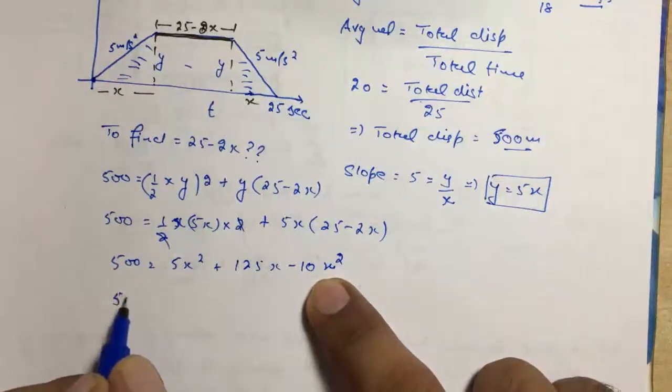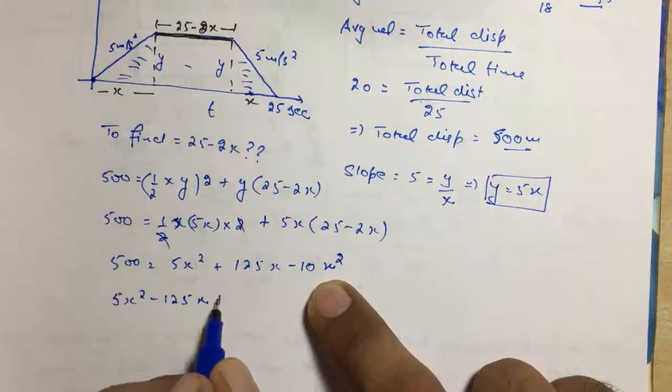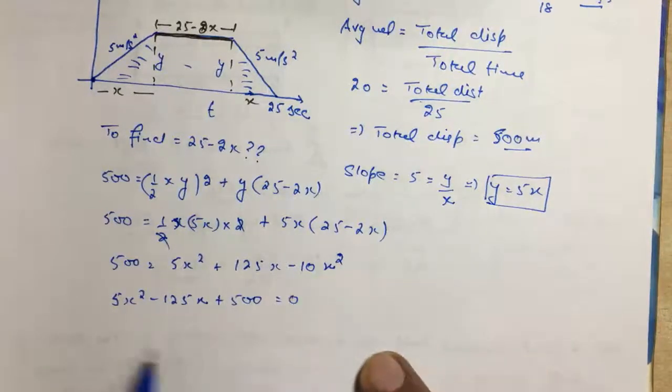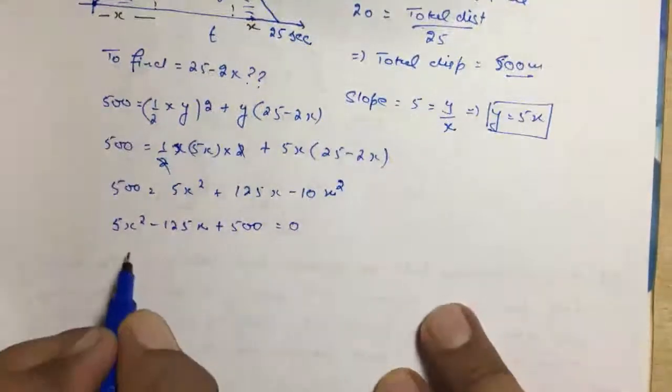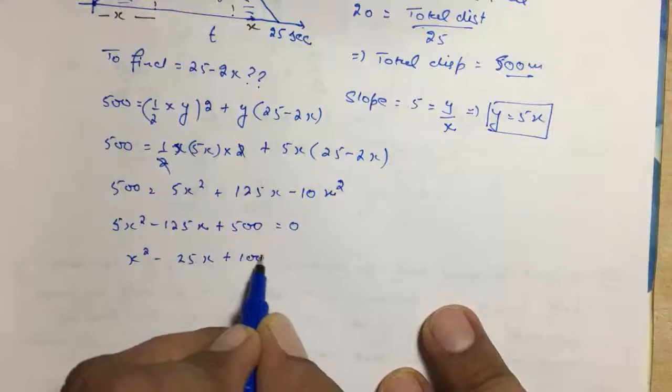So it will give me 5x square minus 125x plus 500 is equal to 0. Dividing both sides by 5, this will give me x square minus 25x plus 100 is equal to 0.